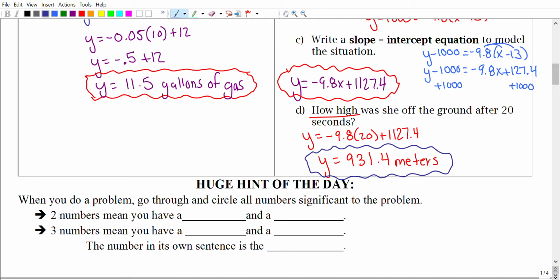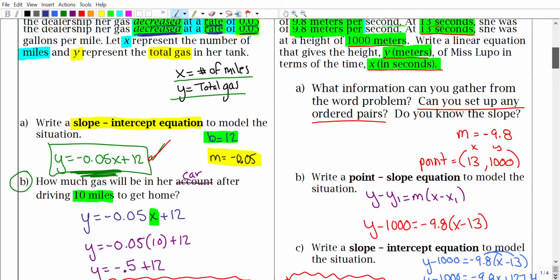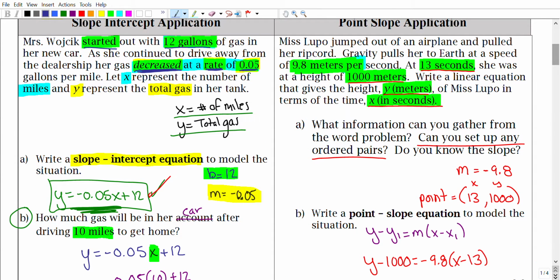Okay, so again, I just want to do a quick recap of what we did to make sure we understand everything. For part A, we were asked to identify an ordered pair and the slope. We did by looking at a few keywords. That gave me my slope, the 13 seconds and 1,000 meters. We know those represented x and y, as I highlighted down there, which are my two coordinates for that particular point.